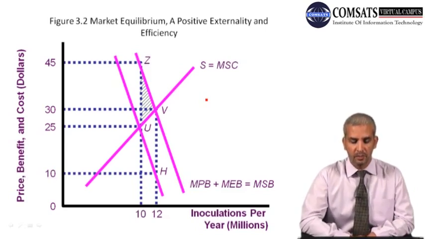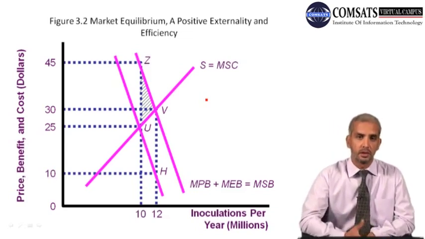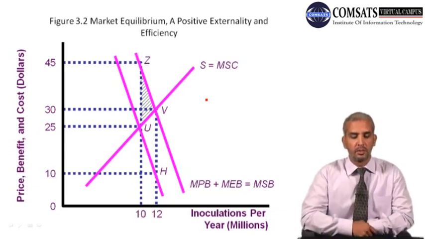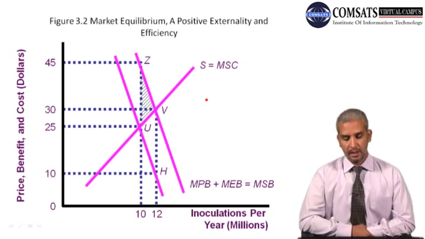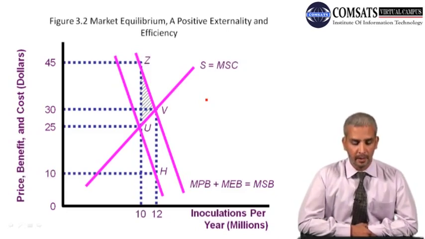Now, let's assume that the original supply curve is equal to marginal social cost, and the downward sloping demand curve is equal to marginal private benefit. The demand curve is intersecting at point U, and that is producing 10 million injections per year at the price of $25.